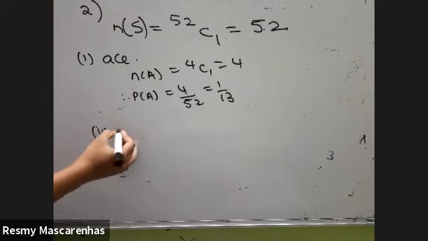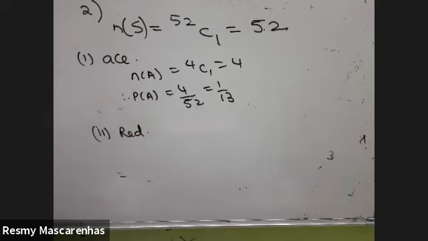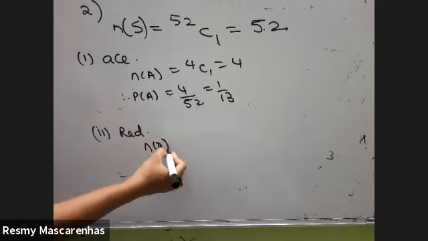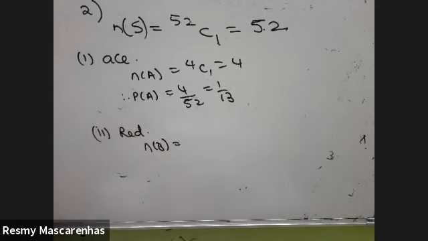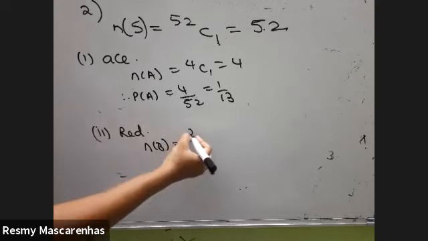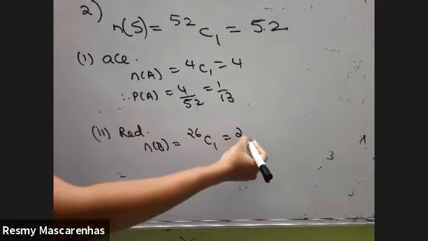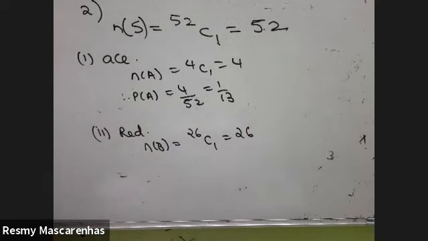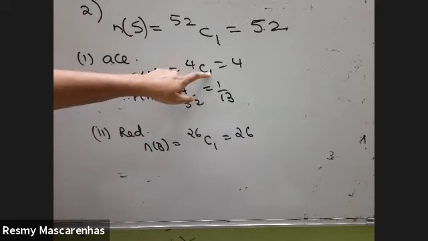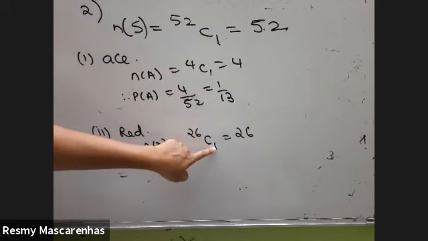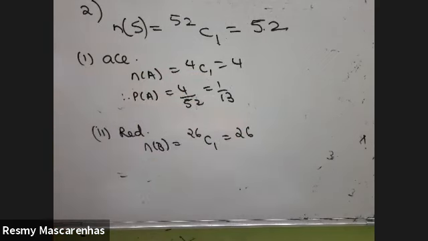Third. Second one, red card. Red card means how many red cards are available in this pack of 52 cards? 26 cards. If you were drawing 2 cards, then this would have been 2, this also would have been 2, and then you have to calculate by using factorial.